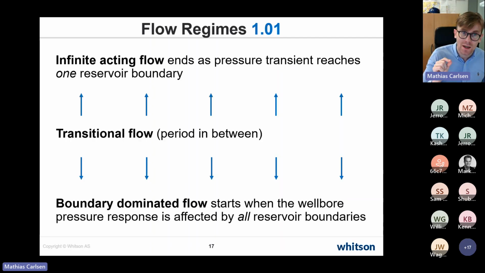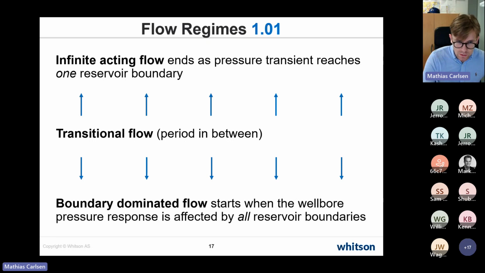So we might have started to feel, let's pretend we're the well, one of the boundaries, but not all of them, and we end up with this kind of compound mix of both of them. If you do the math of that, if you took models that were a mix of infinite acting flow and boundary dominated flow, stack them together and just superpose them in an Excel or whatever, it looks like a power law relationship.